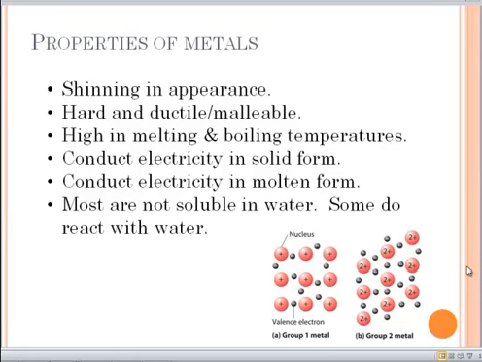Some do react with water. You're going to encounter those kinds of reactions in the types of reactions unit. The model is schematically illustrated here: you have the metallic cations surrounded by free-moving valence electrons. This is a group of metals, in this case a group 2 metal.